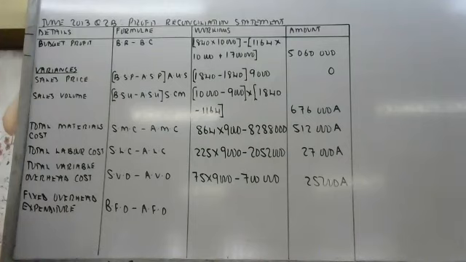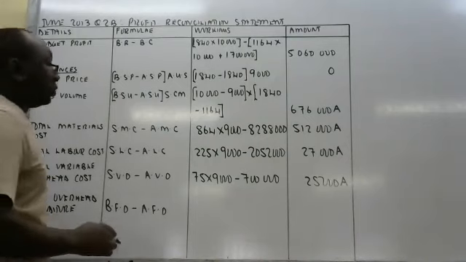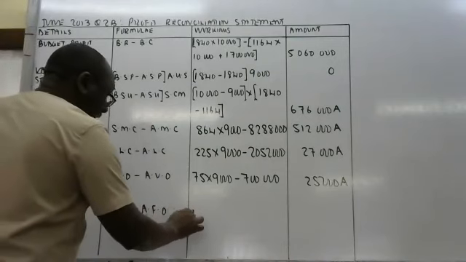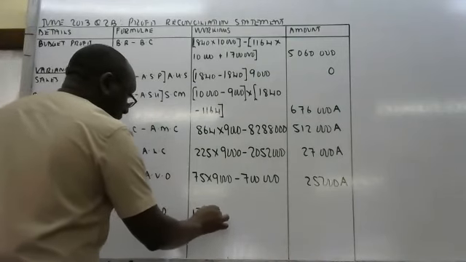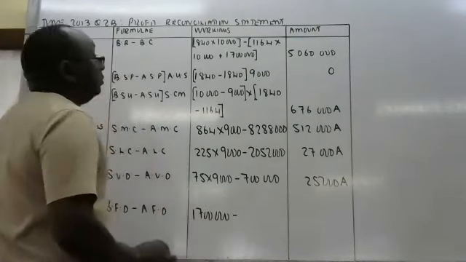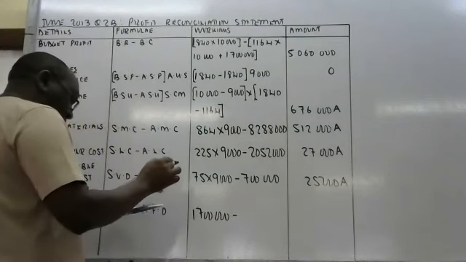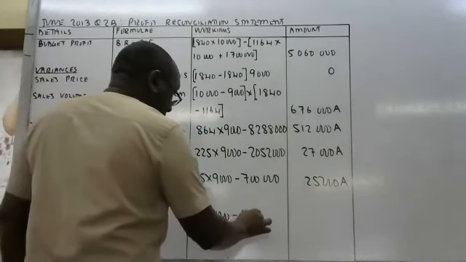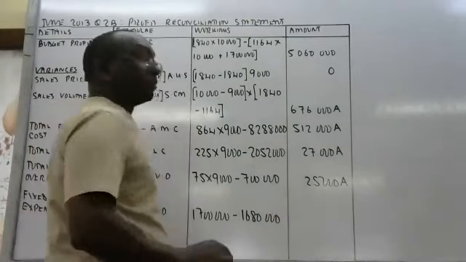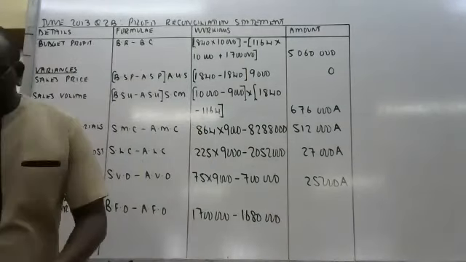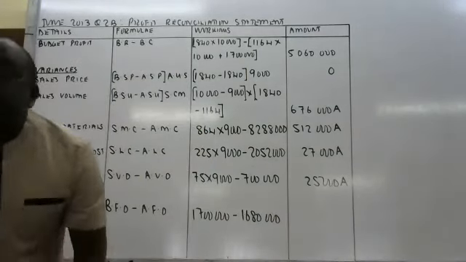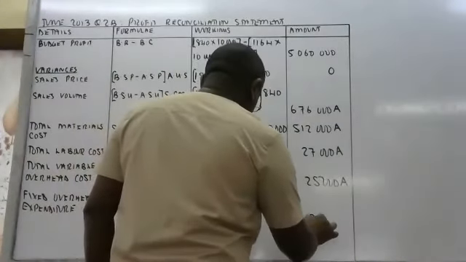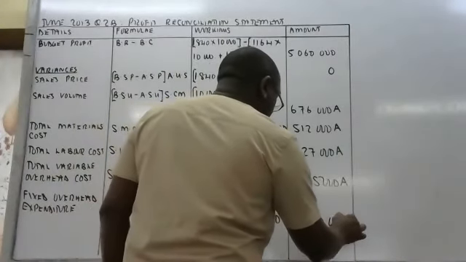Our budget was 1,700,000, minus the actual, which turned out to be 1,680,000. That is 20,000, favorable.